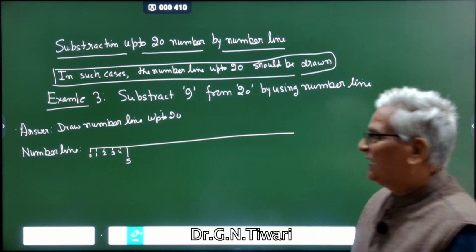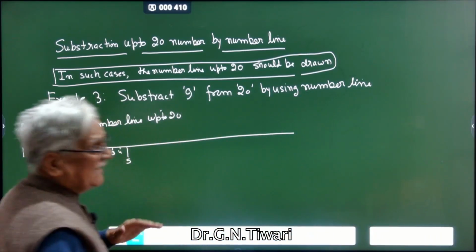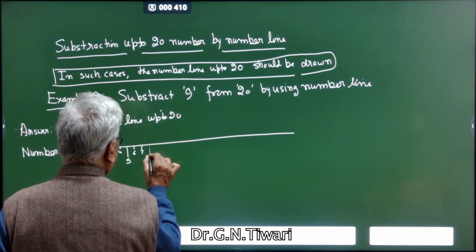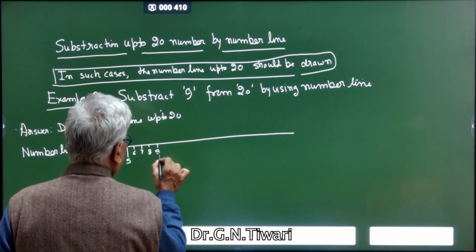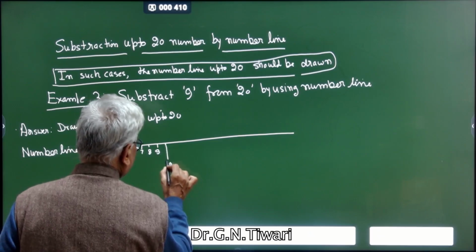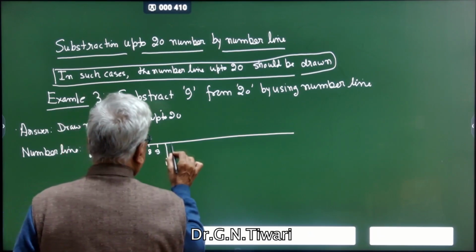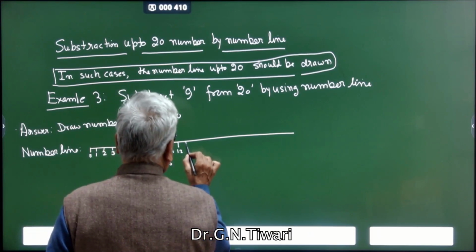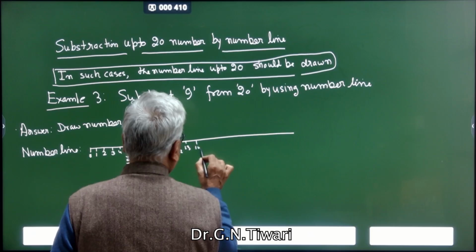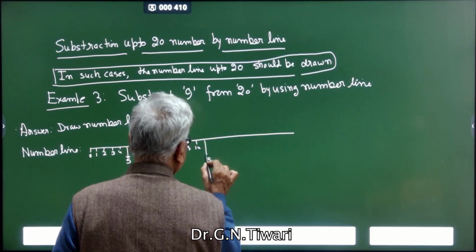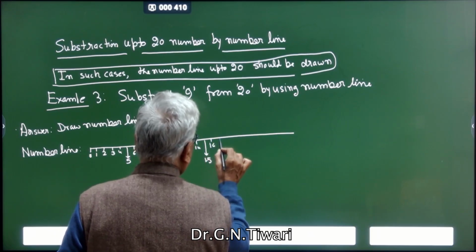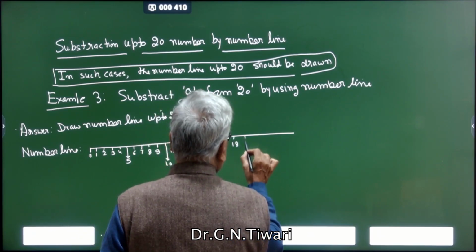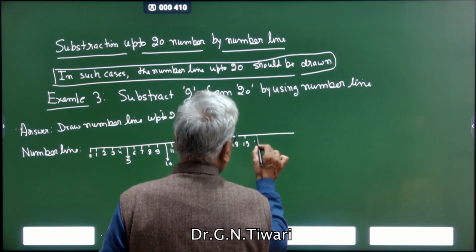So they will understand that 1 to 4 is a small line, and 6, 7, 8, 9. This is 10. 11, 12, 13, 14, 15, 16, 17, 18, 19, 20.